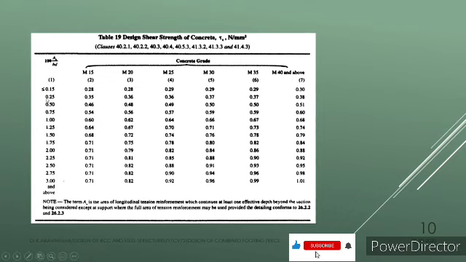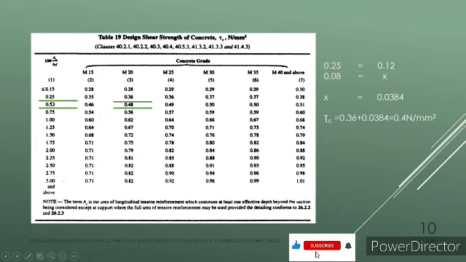So the 0.33 lies in between 0.25 and 0.50. So you can see that for 0.25 you can take the value of 0.36, and for 0.5 you can take the value of 0.48. But now we need for the value of 0.33.